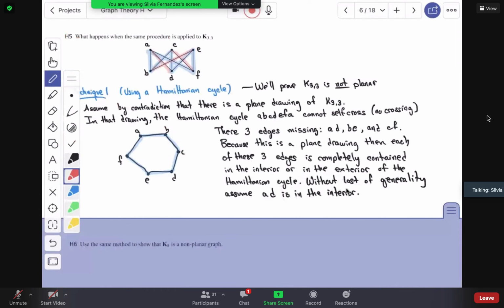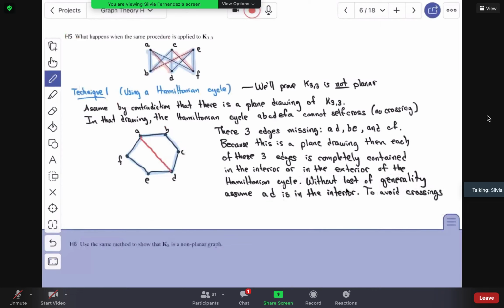So now I have AD. AD is in the interior. To avoid crossings, again, this doesn't have any crossings, then BE must be in the exterior, right?